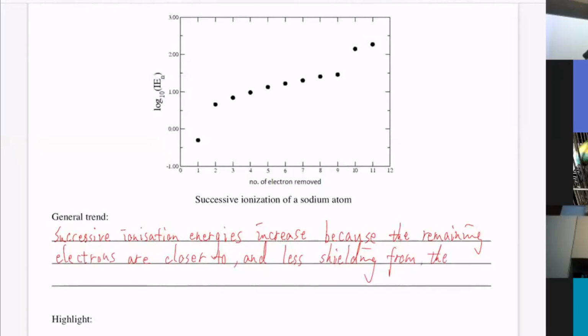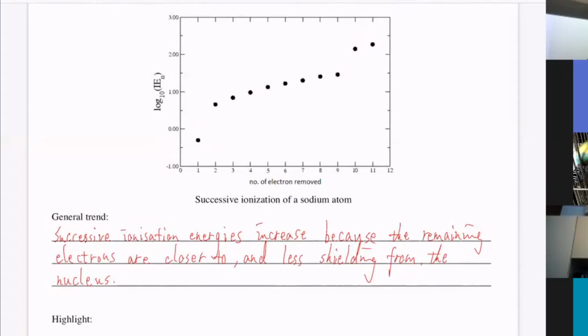So that's why we have a general increasing trend: electrons are getting closer to the nucleus, they experience less shielding effect, and they have stronger attraction.